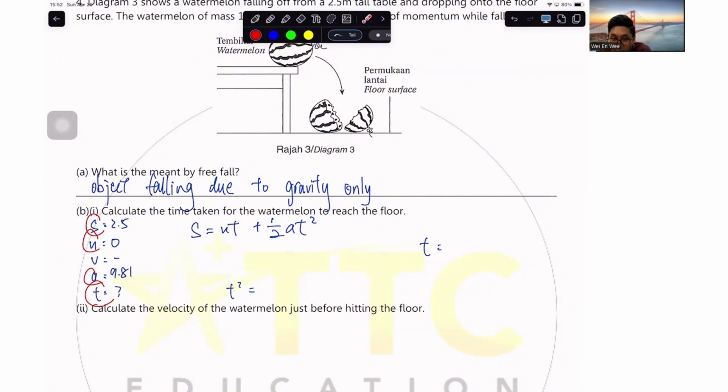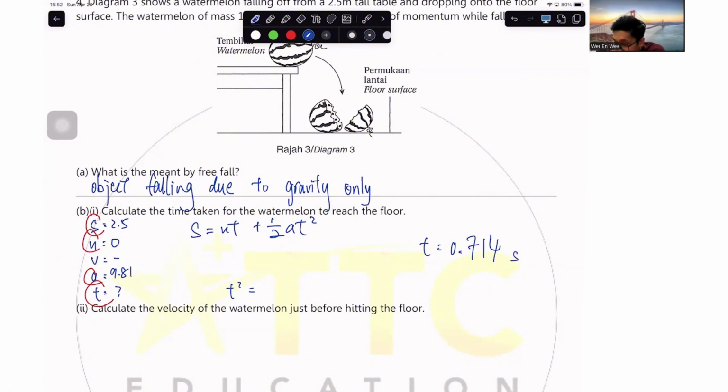You square root and see whether you get 0.714 or not. Yes, 0.714. Okay, then, yep. 0.714 seconds. Okay, 0.7139, so 0.714.